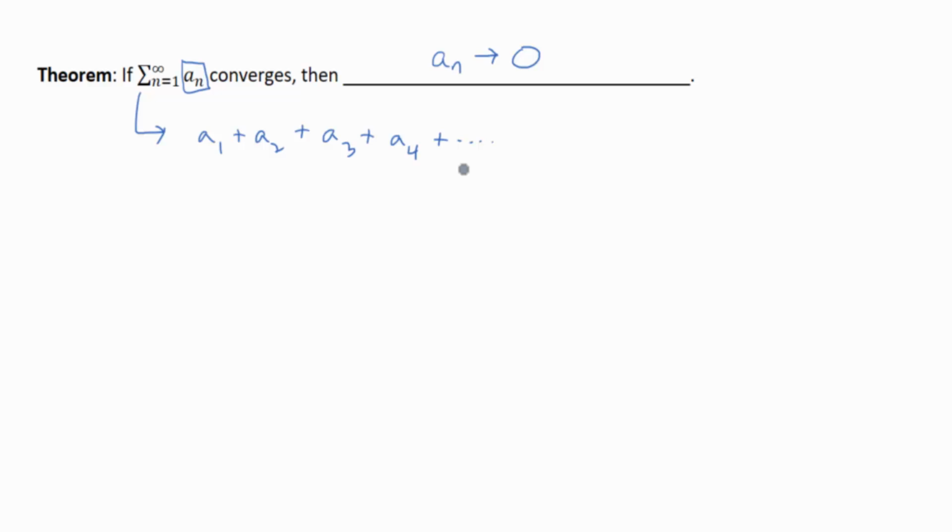If those a subscripts don't converge to 0, then you're adding non-diminishing terms. How could the series ever converge if that's the case? So that's my hand-wavy proof, an intuitive explanation, but it's a pretty good one.